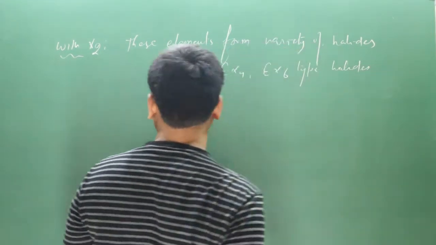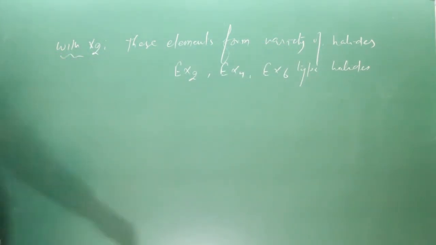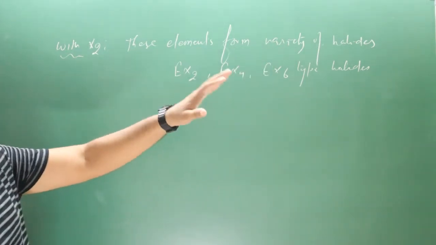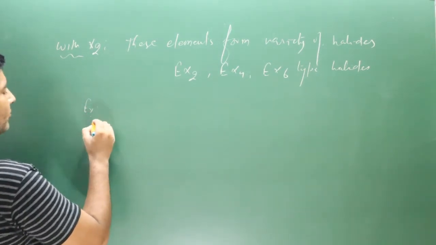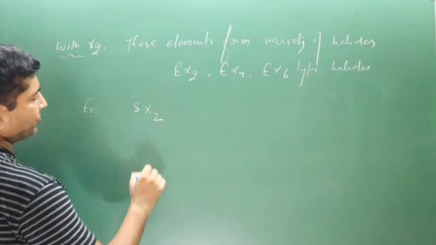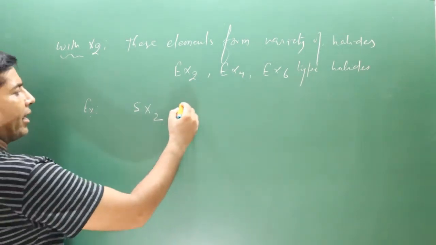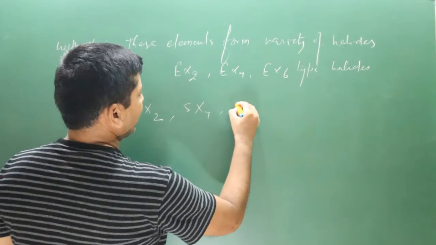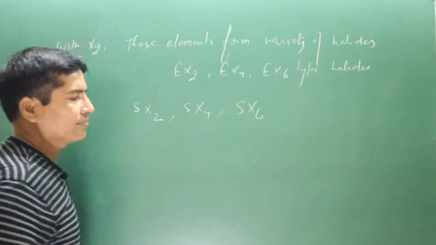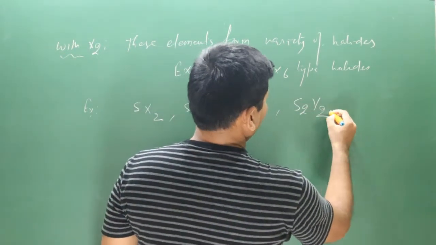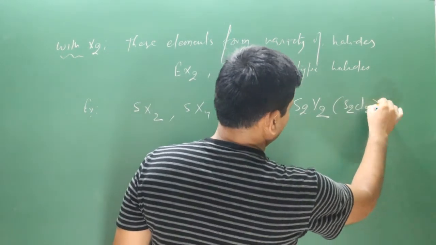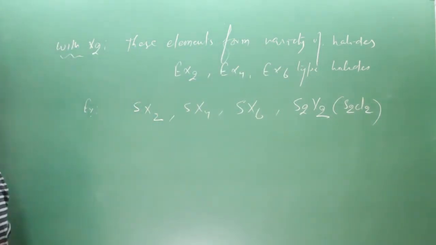Here X represents halogens and E represents the elements present in the oxygen family. For example, we have SX2, SX4, SX6. We have S2Cl2 also, disulfur dichloride.